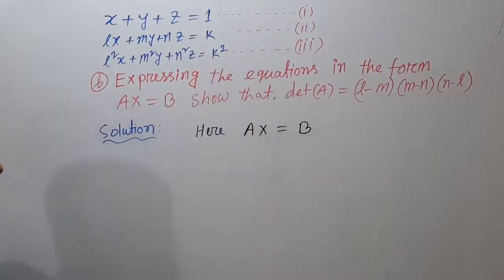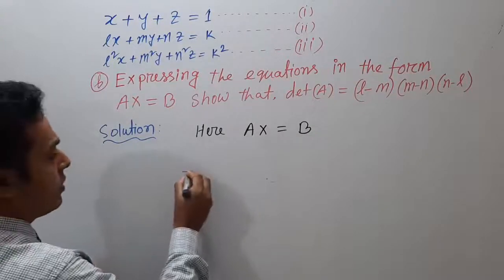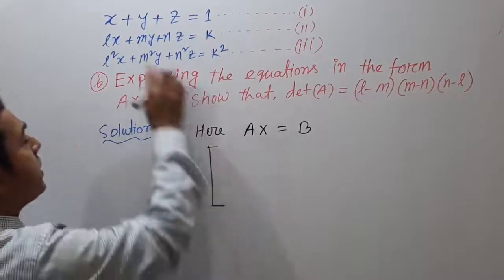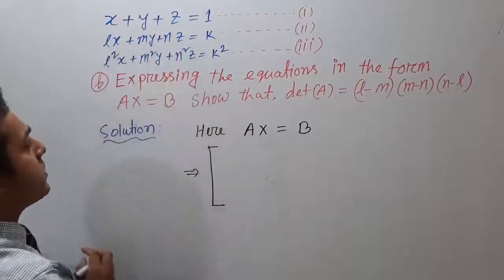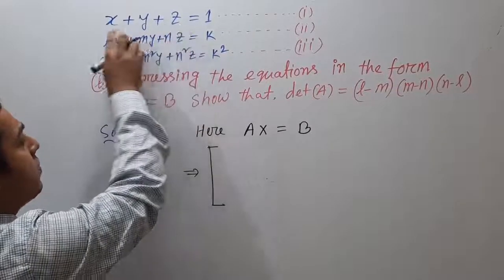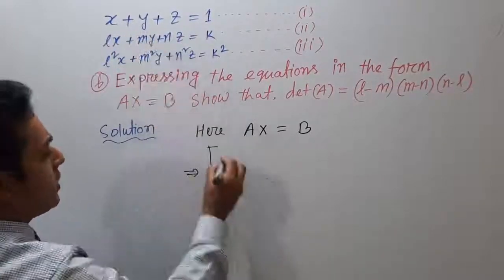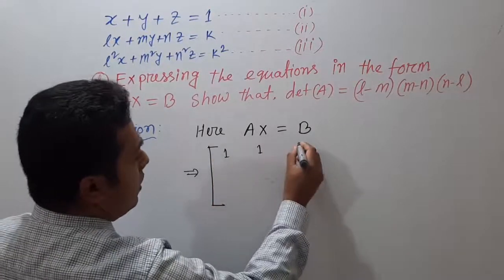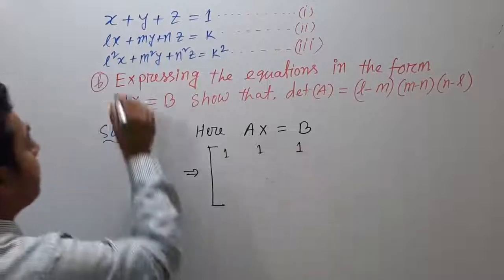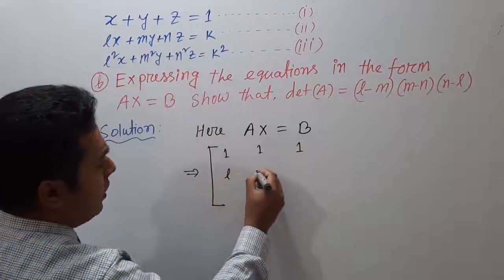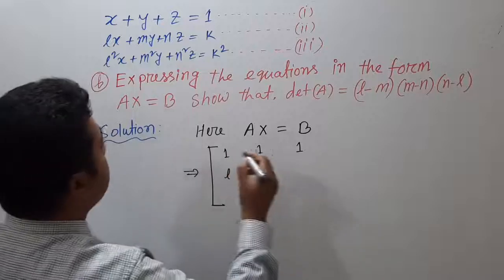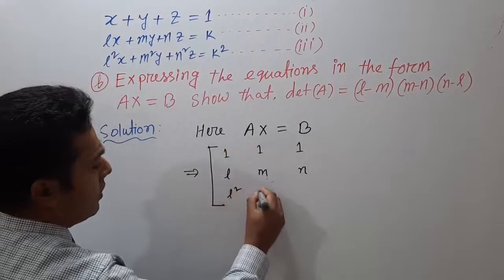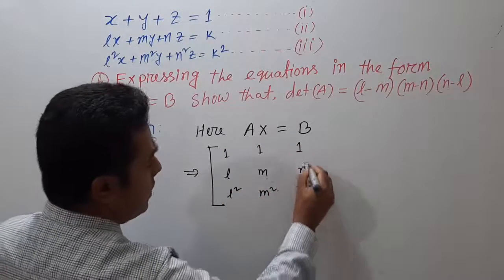Okay, now here the matrix A will be created by the coefficients of x, y, z. Here the coefficients of the first equation are 1, 1, and 1, the second equation L, M, N, and the third equation L square, M square, N square.